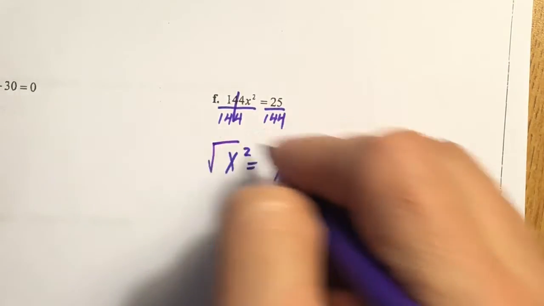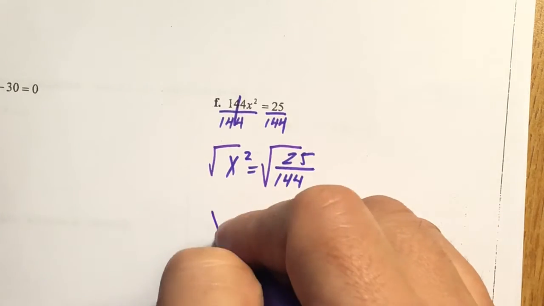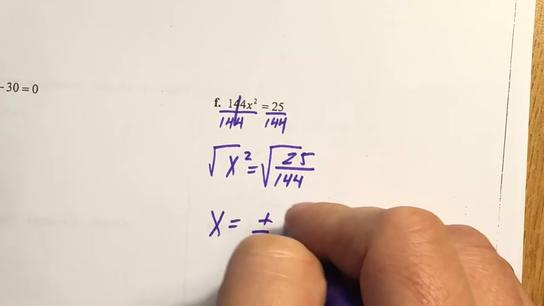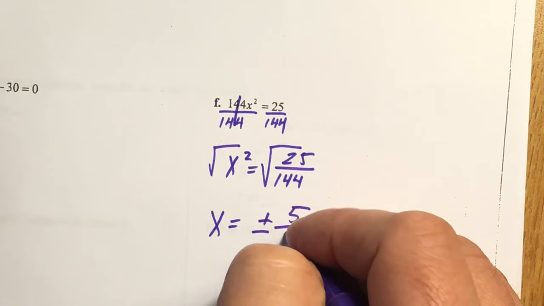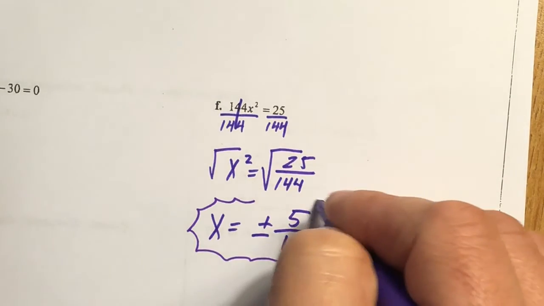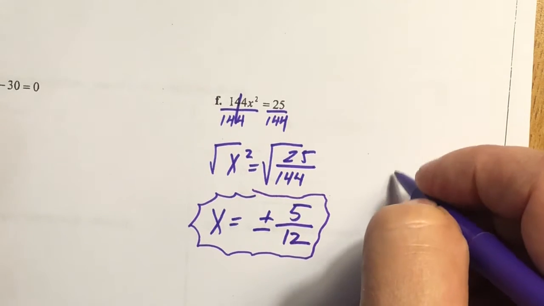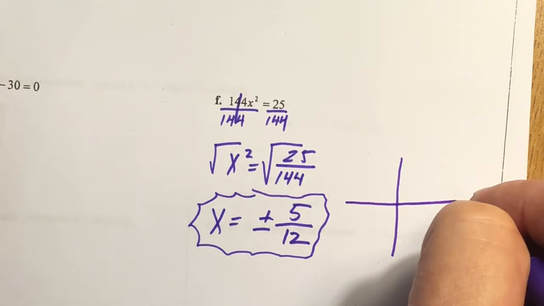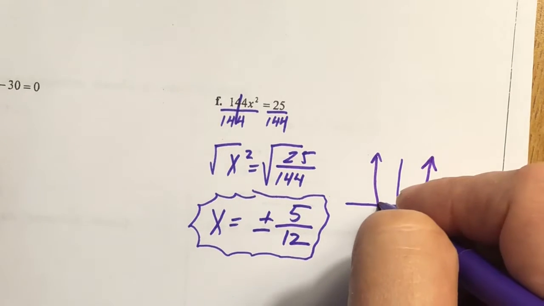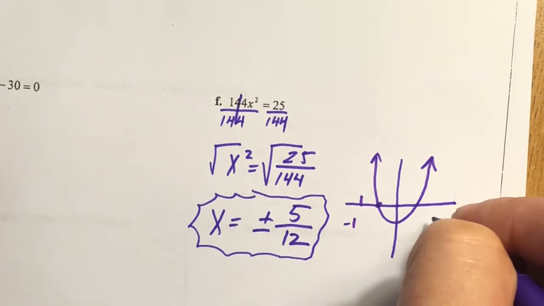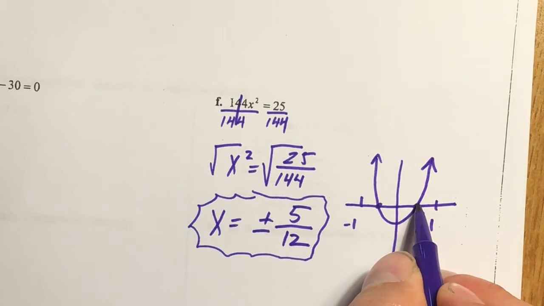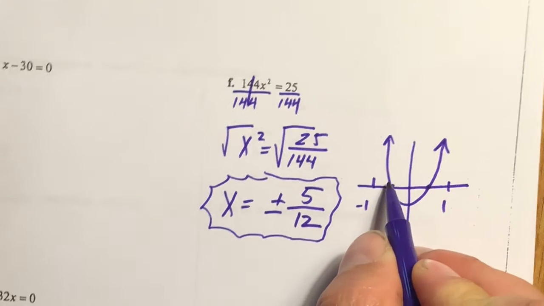So if I square root top and bottom, plus and minus, what's the square root of 25? And the square root of 144 is 12. And anytime you square root something, you're going to take a positive and negative. So this would be 5/12, and this would be negative 5/12.